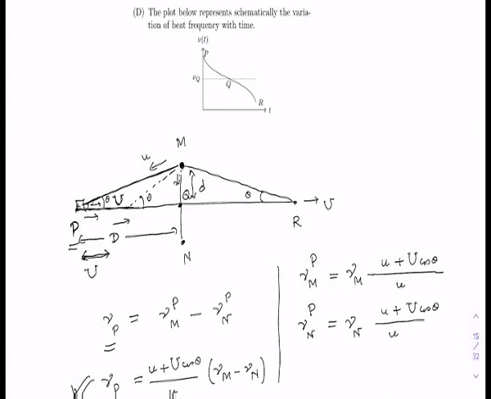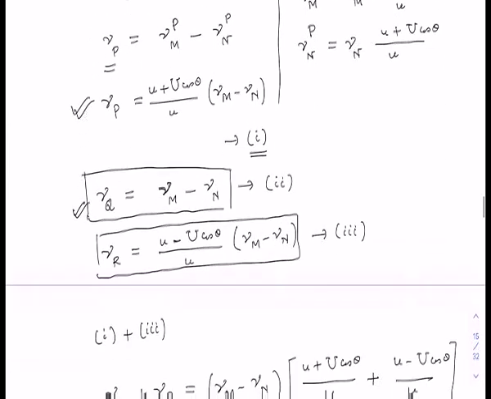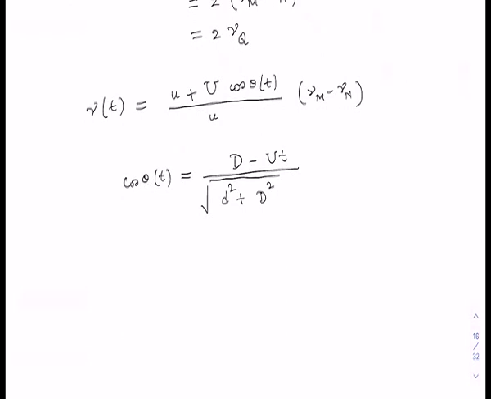So at time t it will go by this distance, and therefore the distance left would be capital D minus ut. Accordingly I have to modify this formula. So you can easily write cos theta of t as d minus ut over the square root of d square plus (d minus ut) whole square. This is what you will get.